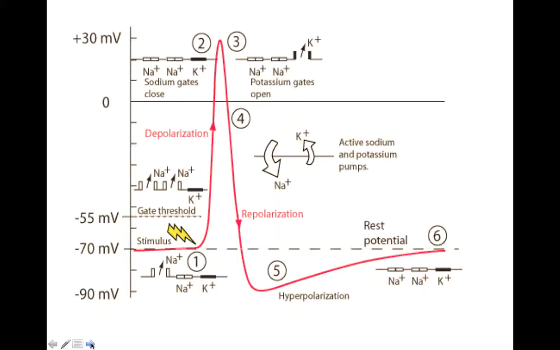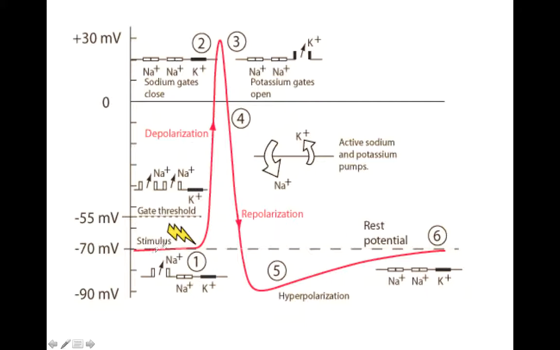Okay, so this shows the same thing, just in a different graph. I'm just going to talk us through it. So here we are at our resting potential. And the resting potential is -70, so nothing's happening here. So let's say a stimulus gets received by the dendrites of the nerve cell.